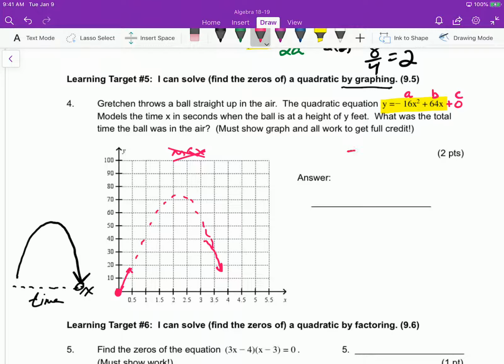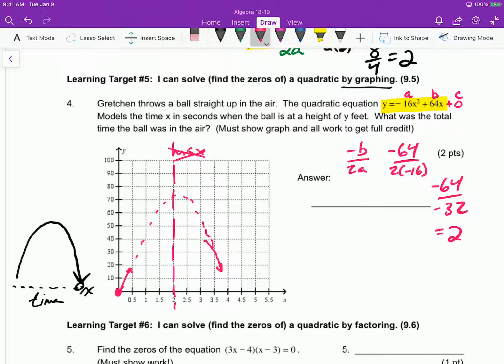Well, we're going to go old school and still use the axis of symmetry formula. So in this case, you got to notice that b is 64, so it would be -64, the opposite of 64, divided by 2 times -16. So that would be -64 divided by -32. So the AOS is +2.